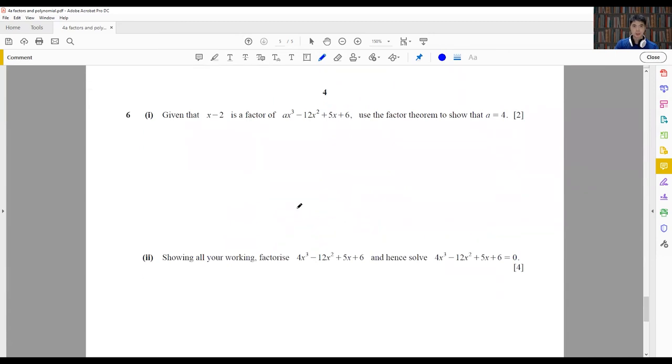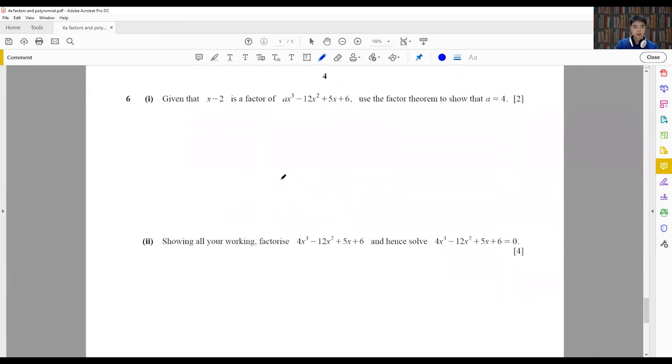One last example for this chapter here. Given that x minus 2 is a factor of this cubic equation here, use the factor theorem to show that a equals 4. So instead of proving that it's a factor like what we did before, we want to find a using your factor theorem. So no difference. In here, just find x equals to 2 from this part here.